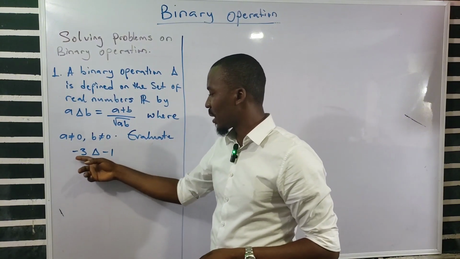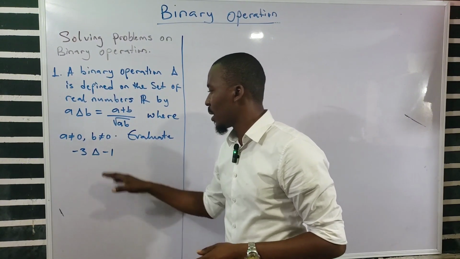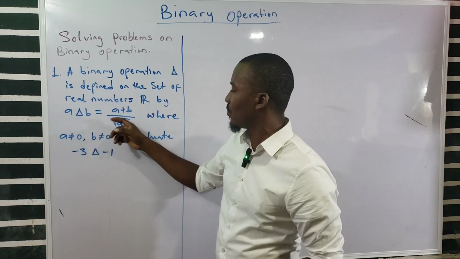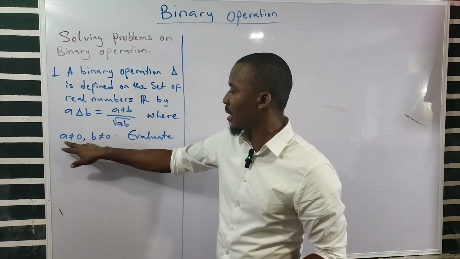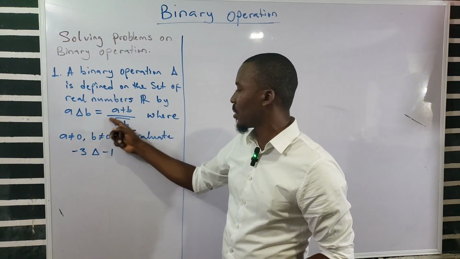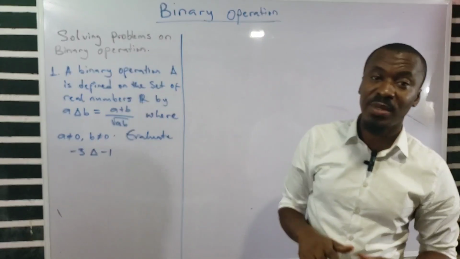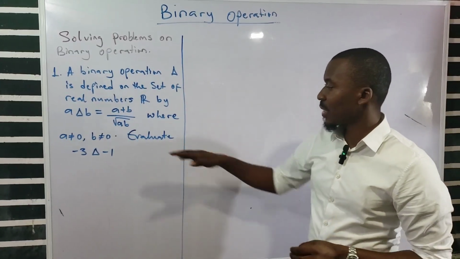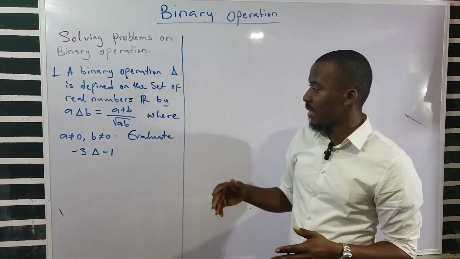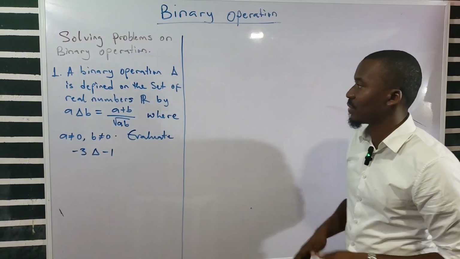Evaluate -3 binary -1. Now, the condition here is just to make sure that this thing will give you a real number, because if we allow a or b to be equals to 0, the denominator will be equal to 0. And immediately the denominator is 0, it will be undefined. Okay, so that's why they are placing that condition there, that a and b must not be equal to 0.